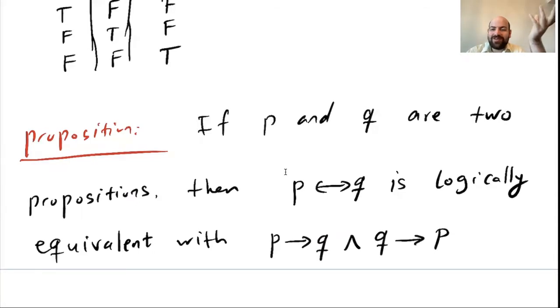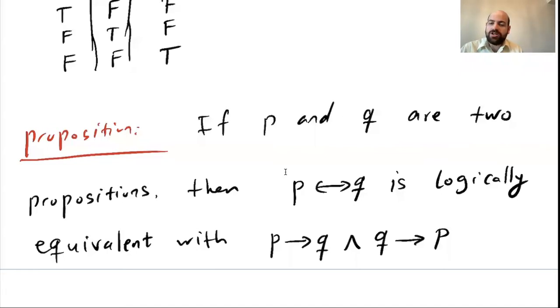This is what I described with words, that if and only if will be true if the statement and the converse, both of them are true. So P implies Q is the original statement, Q implies P is the converse. If both of them are true, how can I make sure that two statements are both true? By putting a conjunction between them.